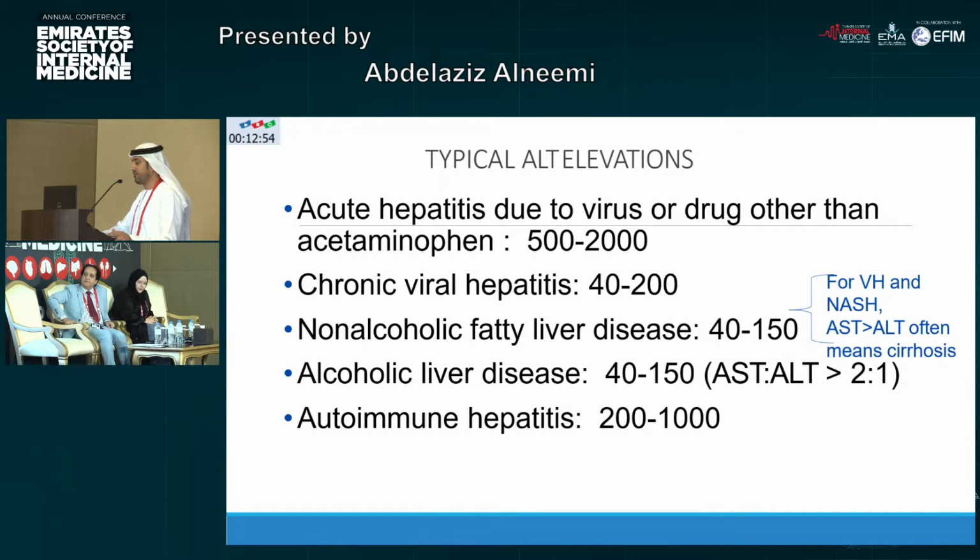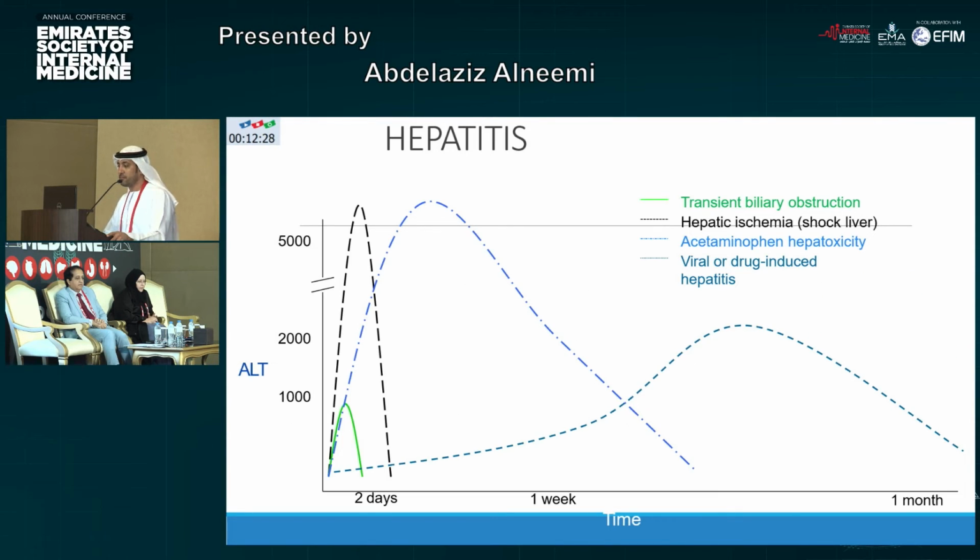In non-alcoholic fatty liver disease, 40 to 150. Alcoholic, 40 to 150, and you can notice that the AST over ALT ratio is more than 2 to 1. In autoimmune hepatitis, it ranges between 200 and 1,000. For viral hepatitis and NASH, AST more than ALT often means cirrhosis.